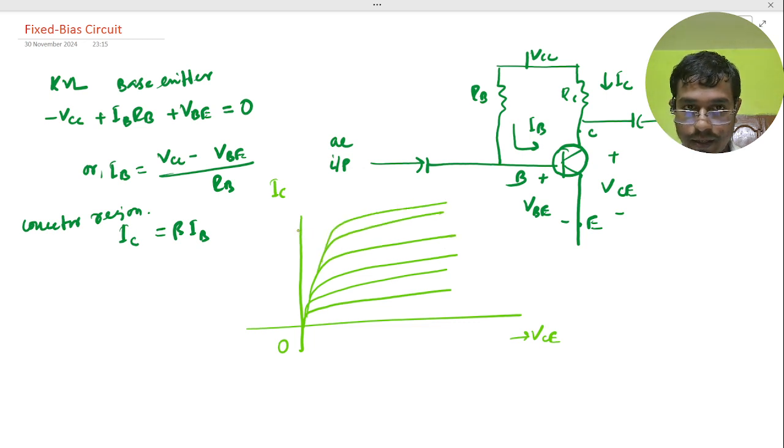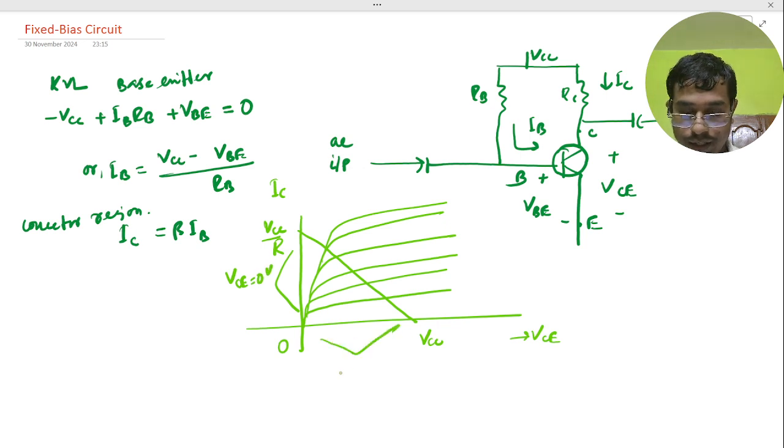So basically here a straight line is drawn, and this point is VCC and this one is VCC by RC, and this is VCE at 0 volt, and this one is IC for 0 milliampere, and basically this point is known as the Q point.